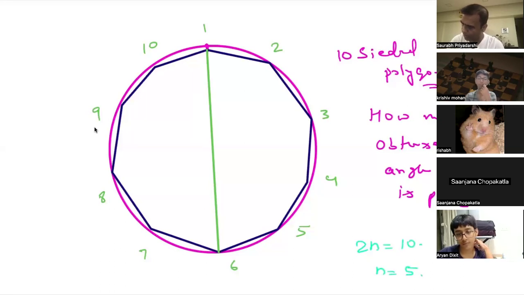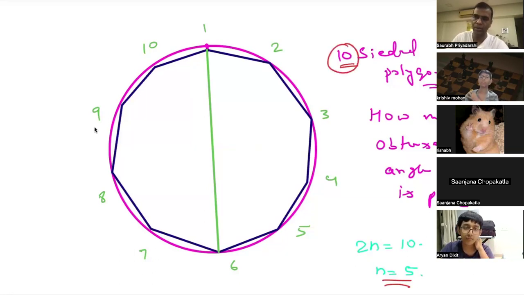Can I say this? Right. So what is n? This is the even number, so I'm just generalizing this for any n. I'm saying 2n for 2n sides. In this question it is given 10, so 2n is equal to 10, so n is equal to 5. Now this is 1, 2, 3, 4, 5.